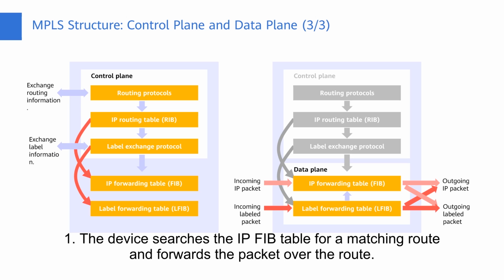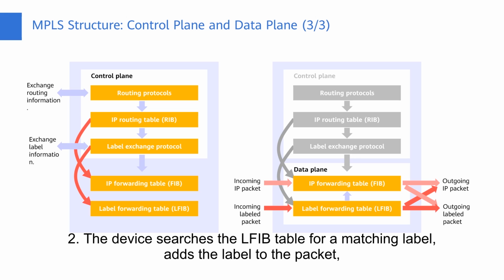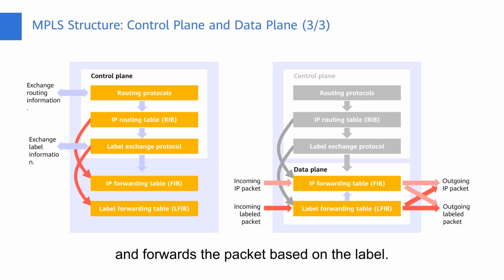The device searches the IP FIB table for a matching route and forwards the packet over the route. 2. The device searches the LFIB table for a matching label, adds the label to the packet, and forwards the packet based on the label.